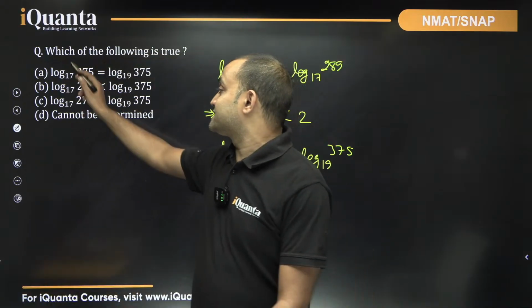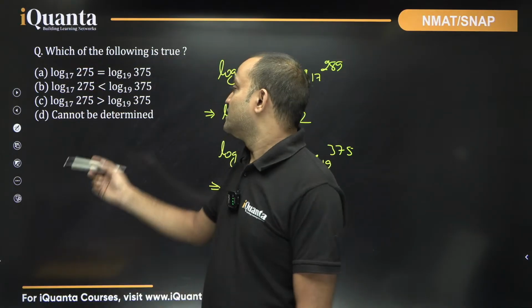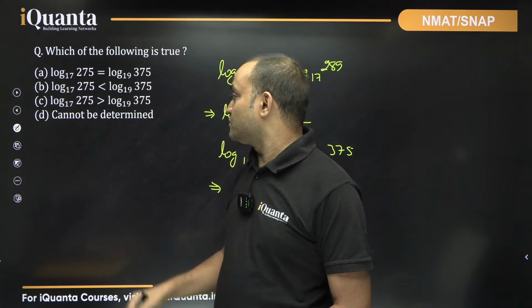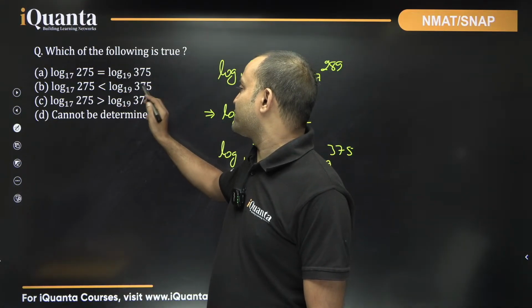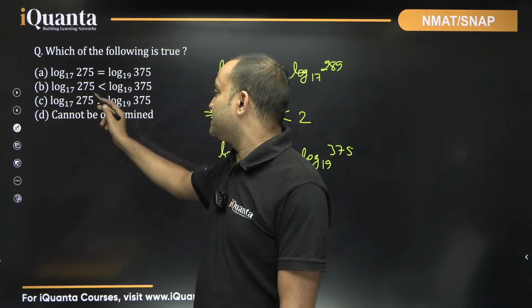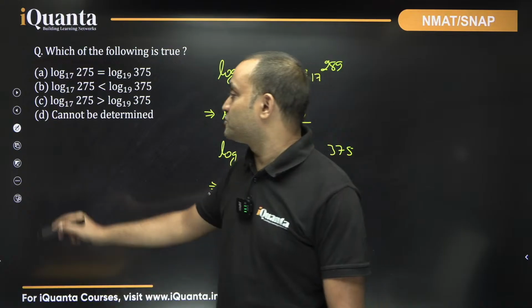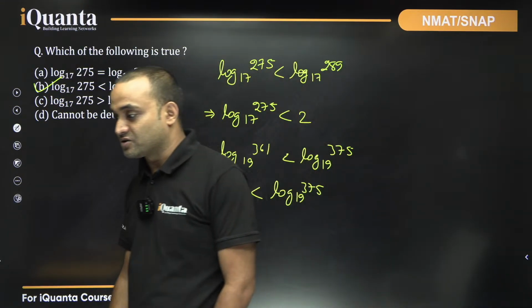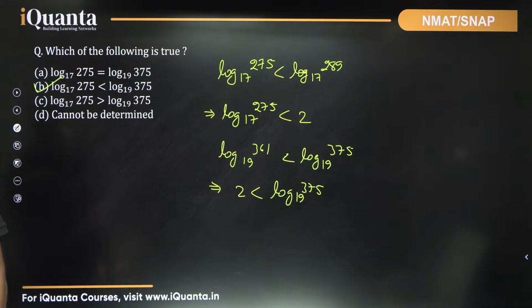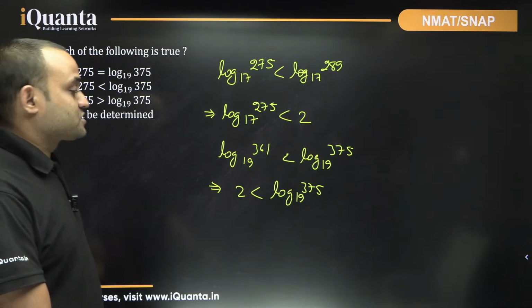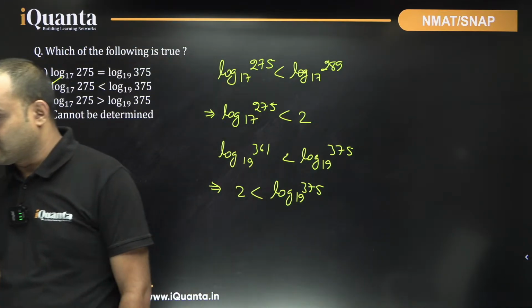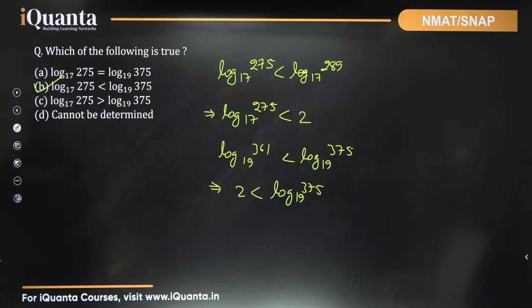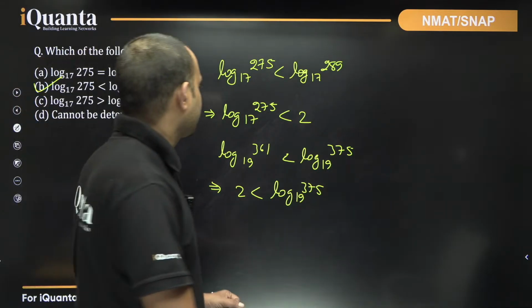So left hand side value is less than 2, right hand side value is greater than 2. That means log 375 to the base 19 will be greater than log 275 to the base 17, right? So this is a really good question. A little less than 2, yes. So option B is correct, and Paris, Bhavana, Arpit, Nikita, all of these got this correct. Very good.